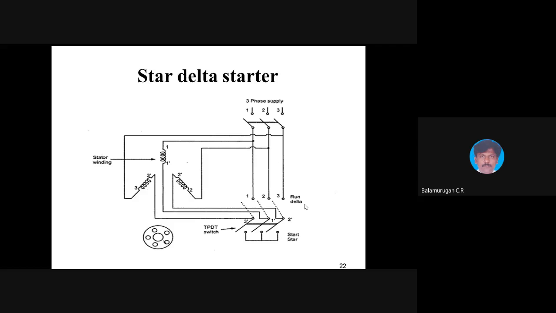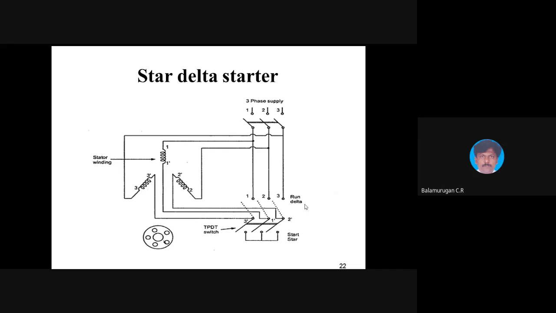Why are we doing this? Because of the relationship between the line voltage and phase voltage. For the star connection, the phase voltage will be line voltage divided by root 3, and the current will be the same. So V phase equals V line divided by root 3, and IL equals I phase.